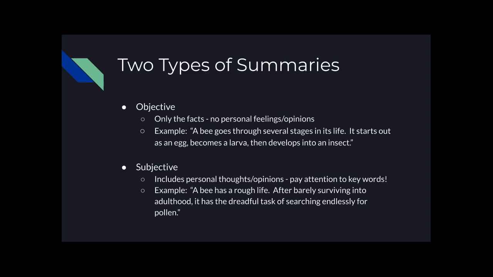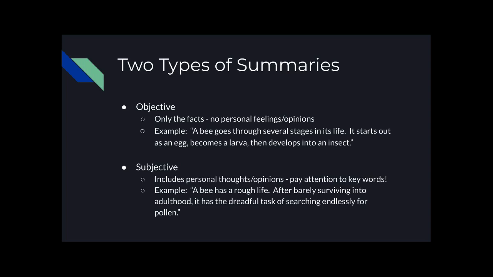A subjective summary will include personal thoughts and opinions. So make sure that you pay attention to specific key words to help you determine whether or not it's an opinion. So a good subjective summary is, a bee has a rough life. After barely surviving into adulthood, it has the dreadful task of searching endlessly for pollen.